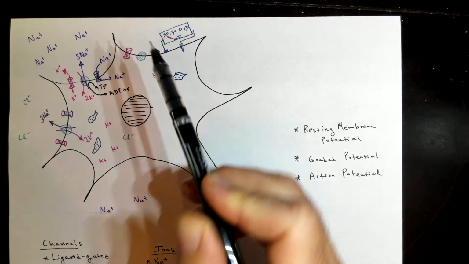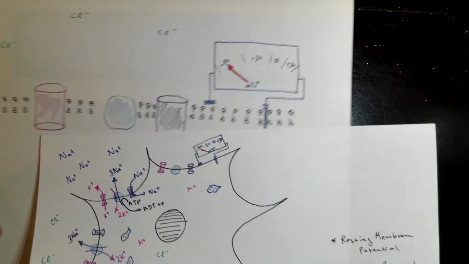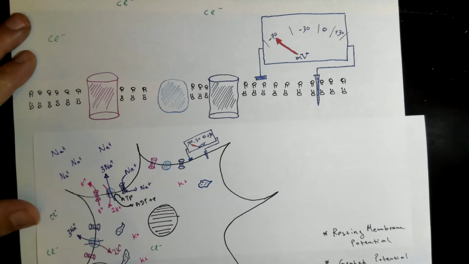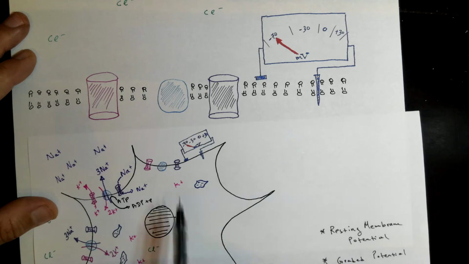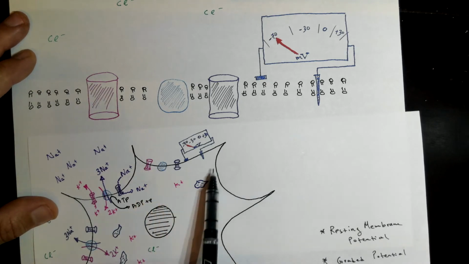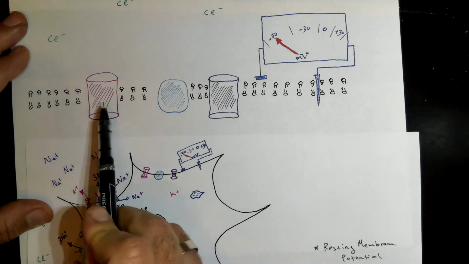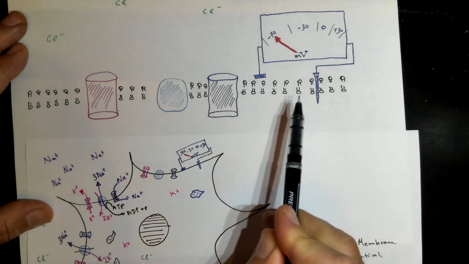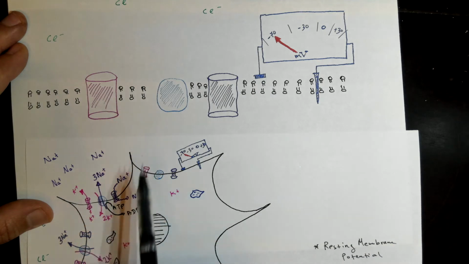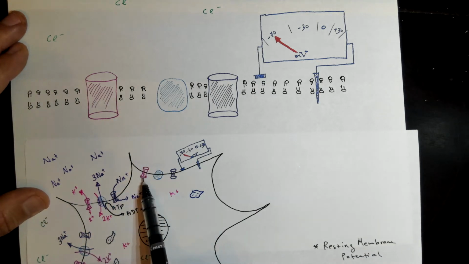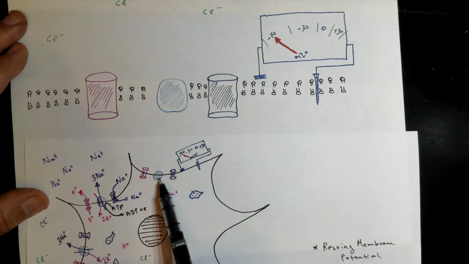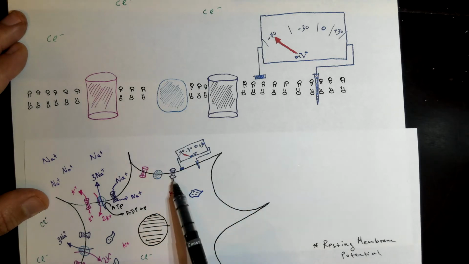To do this, let's zoom in, and we're going to use this picture. Notice that we're taking this part of the membrane and we're zooming into it, and now we're looking at it in a larger way up here. And so you can see that this is the pink channel, this is that blue one, and this is the purple one.